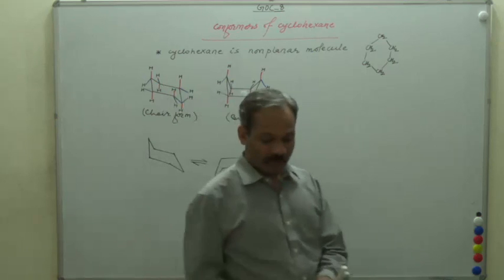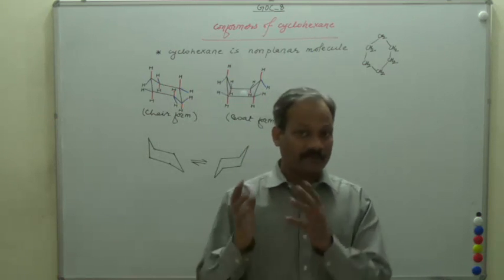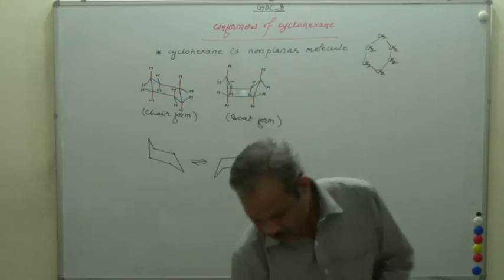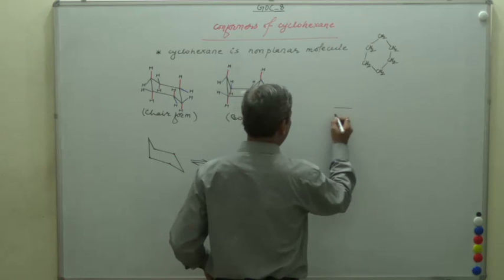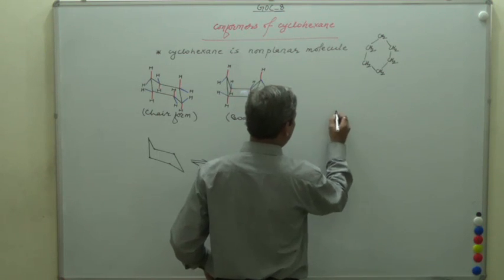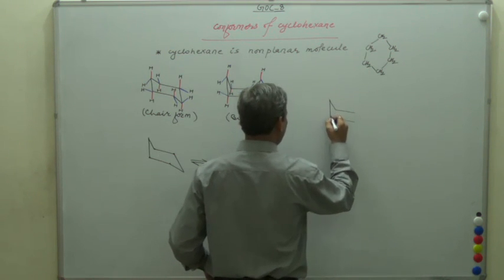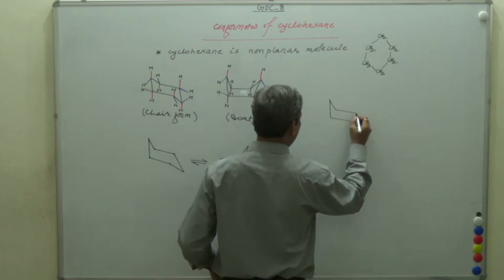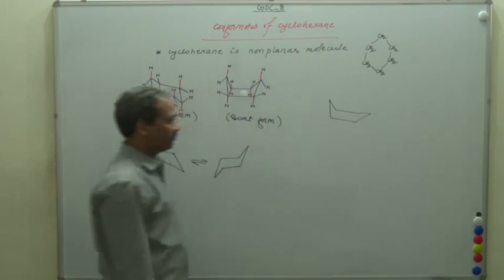And in between chair form and boat form, some other forms are also possible, like half chair. Half chair can be drawn in this form. This is half chair.